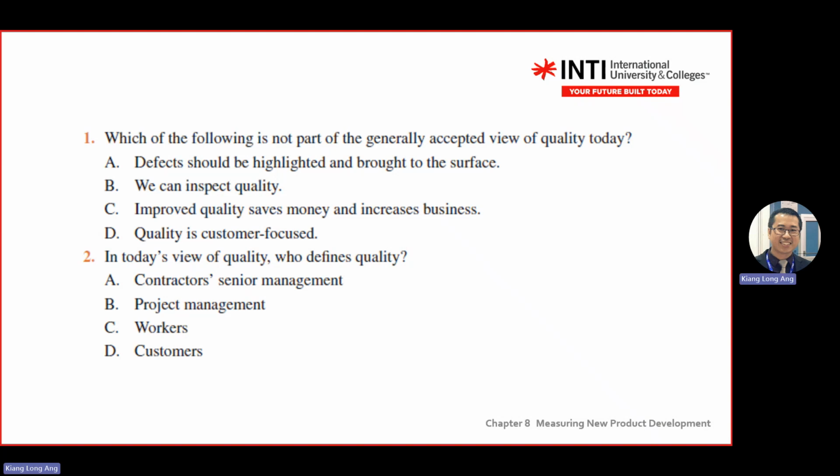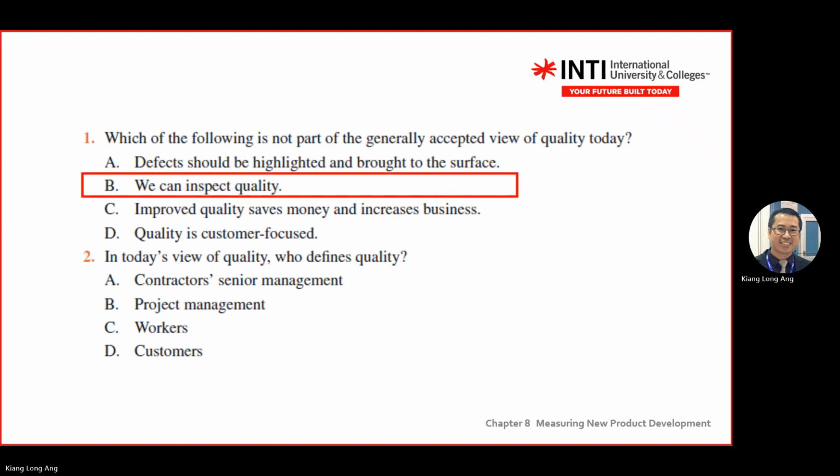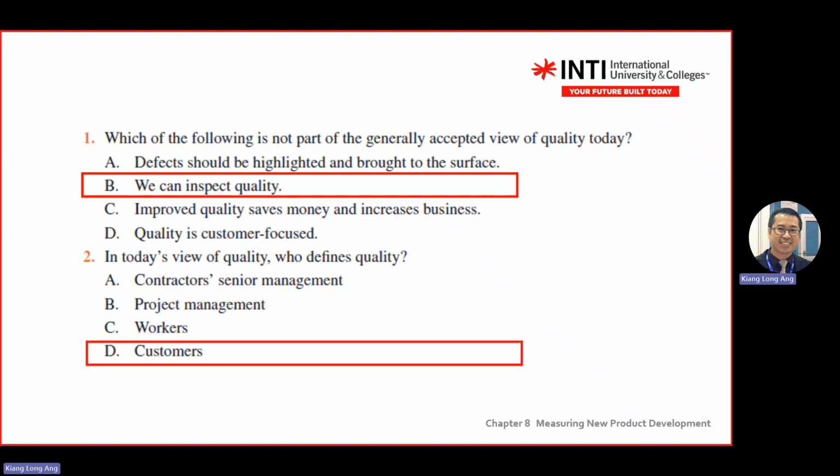Okay, so which of the following is not part of the generally accepted view of quality today? Okay, we can inspect. I think this one you read now. Again, who defines quality? Customers.